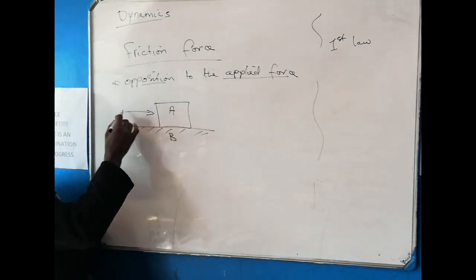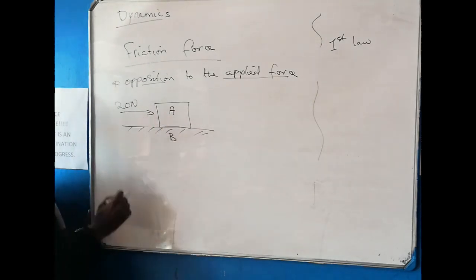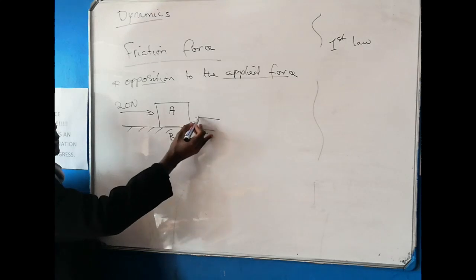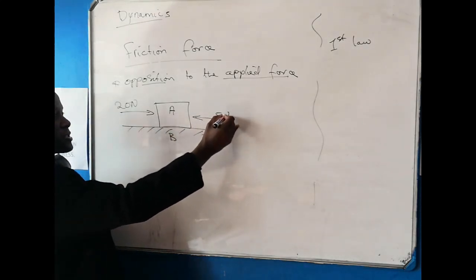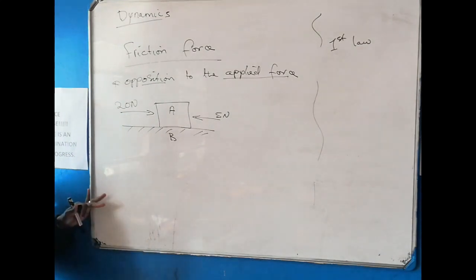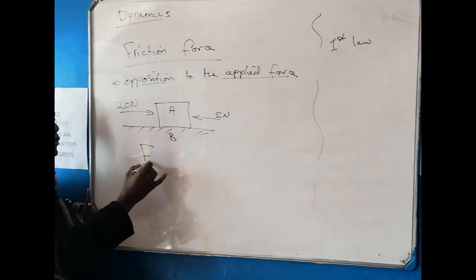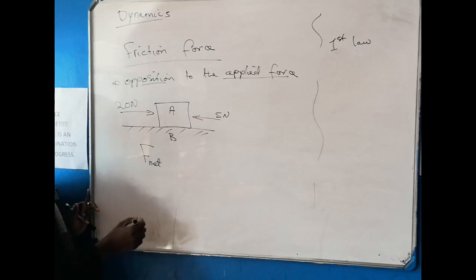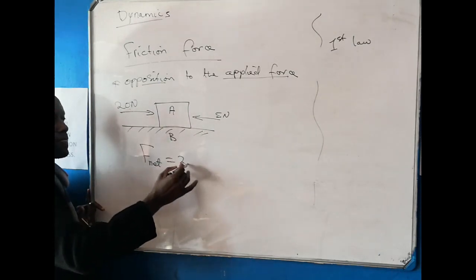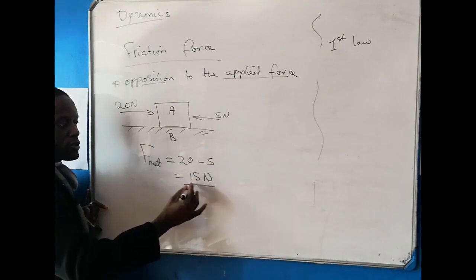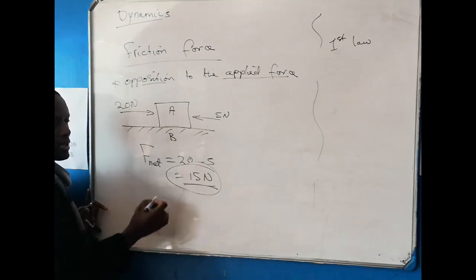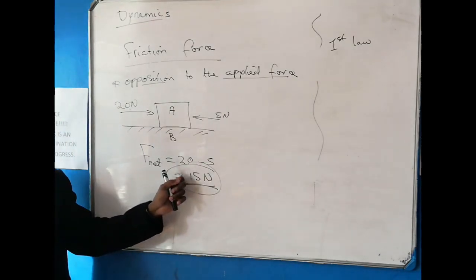If you apply a force, let's say 20 newtons, friction force will be in the opposite direction. Let's say, for example, it is 5 newtons as the friction force. Then the net force, or the resultant of those two forces, will be 20 minus 5. The net force is what? 15 newtons. This force is the one that will cause the acceleration.